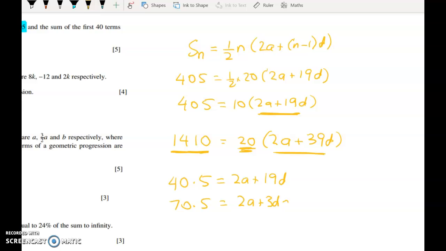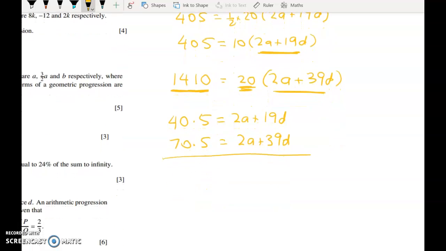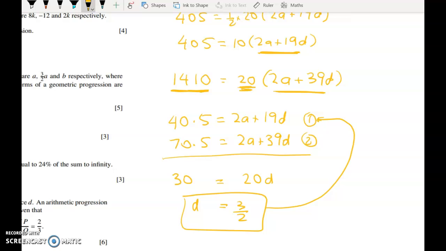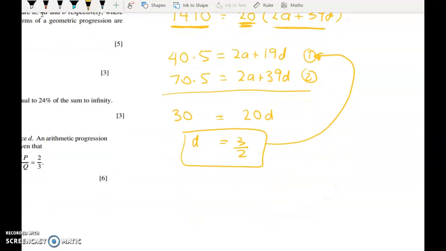Whoops, 39d, not 3d. Okay, so then subtracting number 1 from number 2 leaves me with 30 is equal to 20d. So d has got to equal 3 over 2 or 1.5. Now I can take that and I can substitute d back into either one of these. They're both a bit mucky.